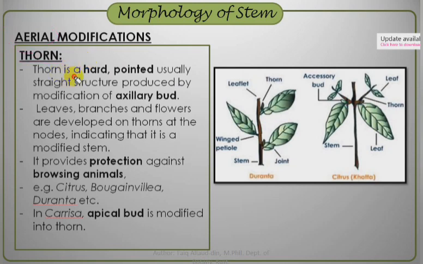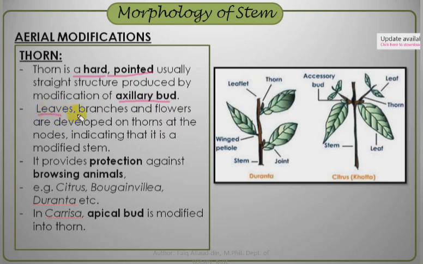Properly, a thorn is a hard and pointed structure present on many plants. But it is actually an axillary bud which has been modified into this pointed structure. If it is a bud, we cannot call it a root, a leaf, or some other part. We can properly call it a stem. That is why a thorn is a modification of a stem.